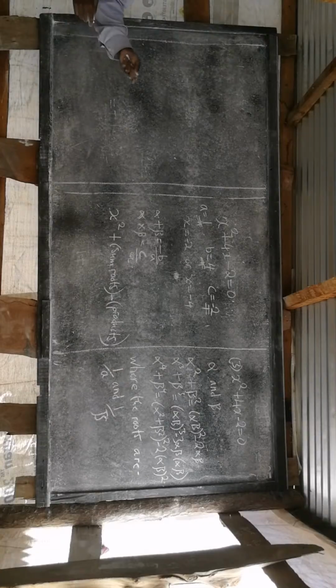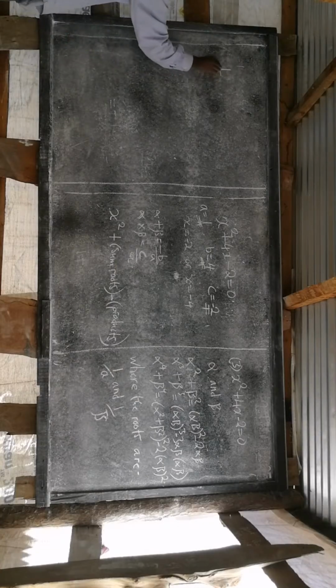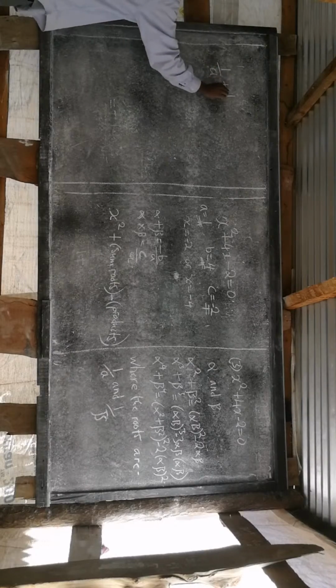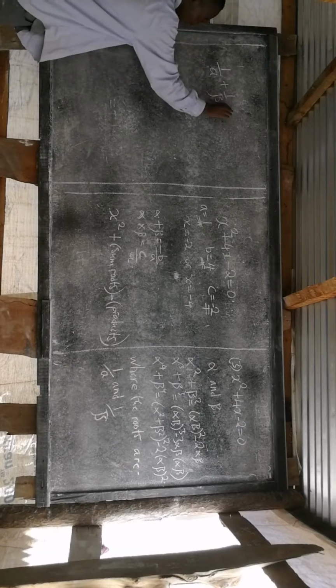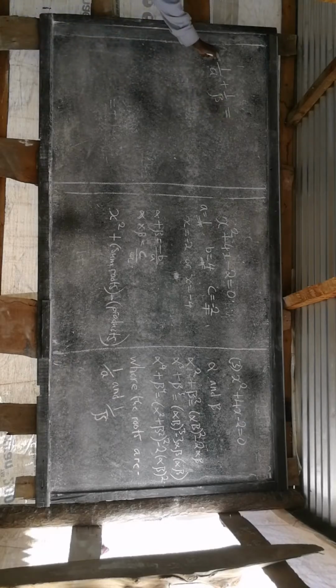So let's calculate the sum. 1 over alpha, you write alpha, then plus 1 over beta. You want to find the sum. So what can we do here? 1 over alpha plus 1 over beta.